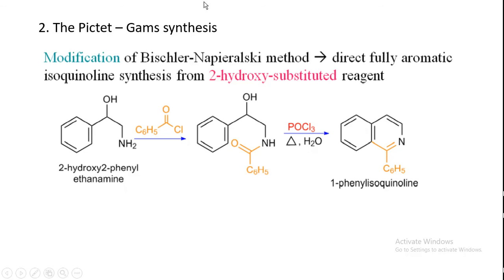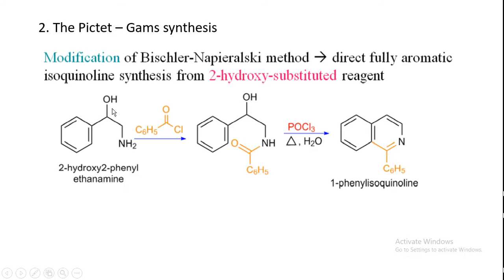The next method of preparation is the Pictet-Gams synthesis, a modification of the Bischler-Napieralski method. Earlier we got an alkyl isoquinoline derivative, but here we get a fully aromatic isoquinoline directly, from a 2-hydroxy substituted reagent.